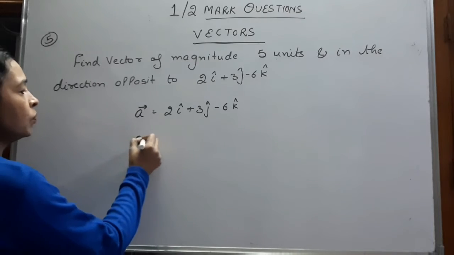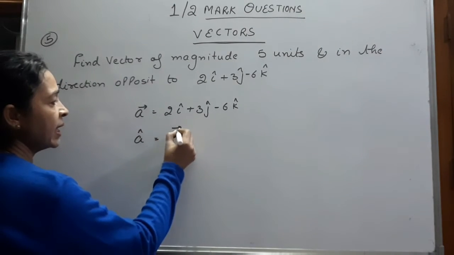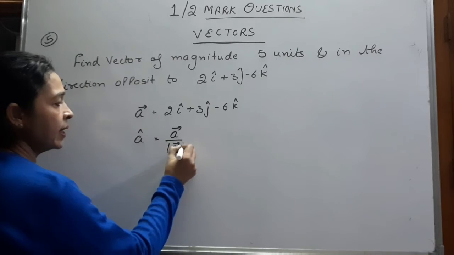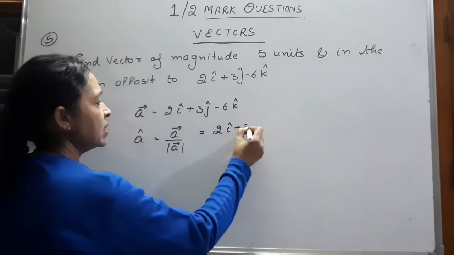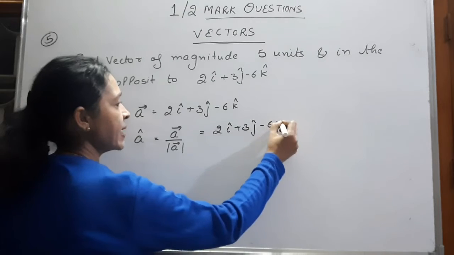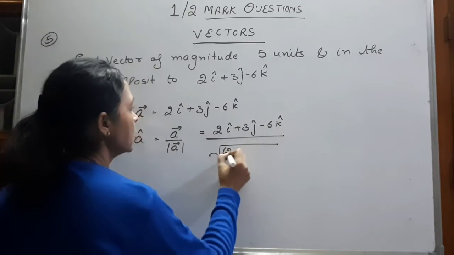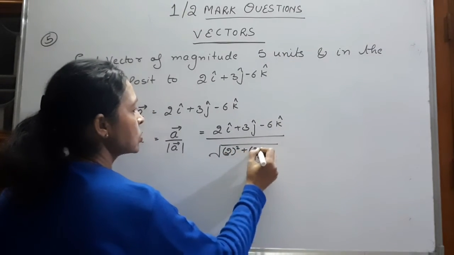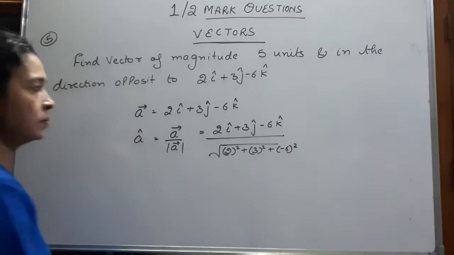First, we will find the unit vector A, and unit vector A is vector A upon magnitude of vector A. This is 2i cap plus 3j cap minus 6k cap upon the magnitude, which is the square root of 2 whole square plus 3 whole square plus minus 6 whole square.